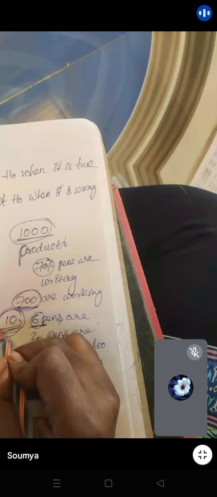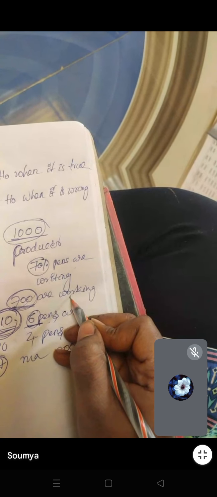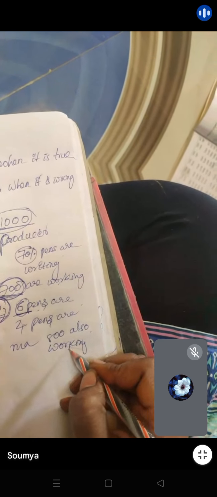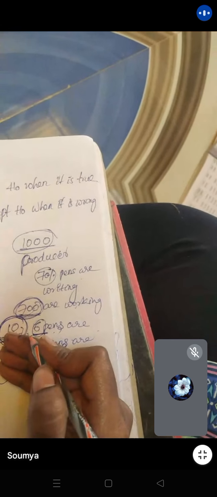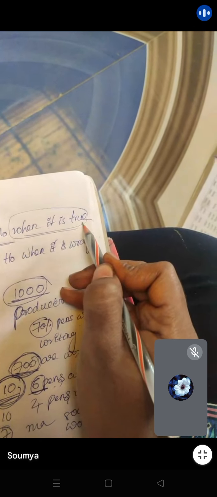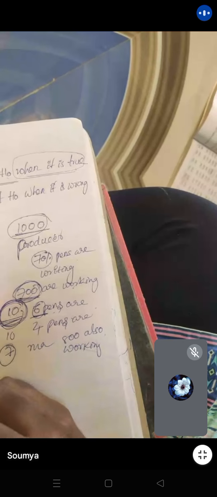But from the 10 pens only I am rejecting; I am not checking all the pens. So reject H naught when it is true, by taking a sample of only 10 pens.